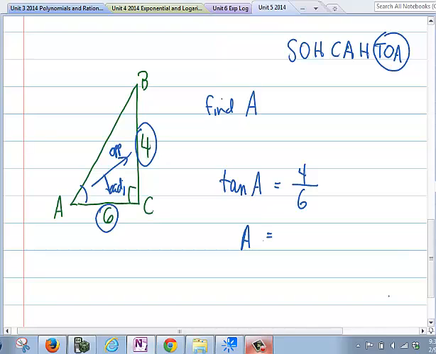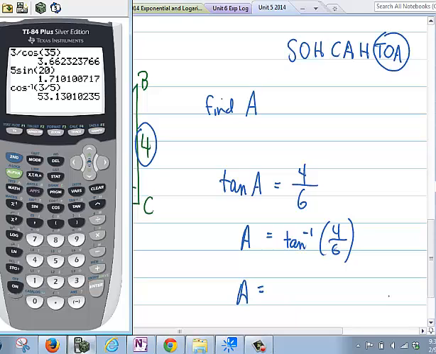When you have a ratio and you're looking for the angle, you've got to transform from tangent of A equals 4 over 6 to A equals the inverse tangent of 4 over 6. And that would tell you that angle A is equal to, let's look at the calculator, inverse tan of 4 divided by 6. And you get the angle of 33.69 degrees.